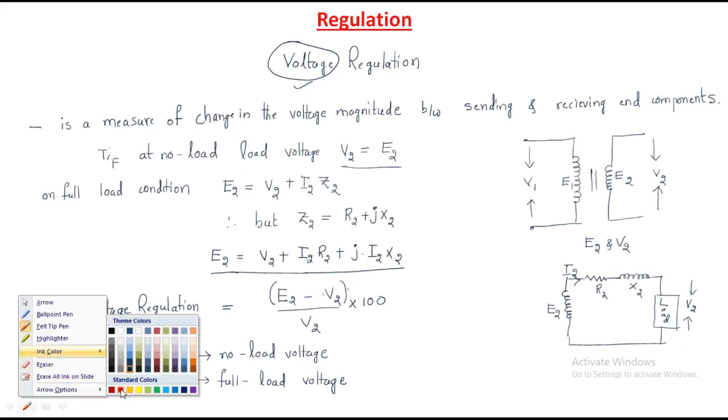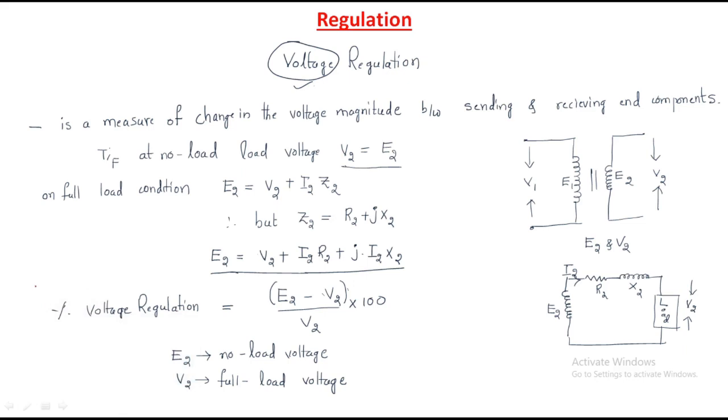The equation represents the drop across the secondary winding relative to the full load voltage. Yes, this is about voltage regulation.